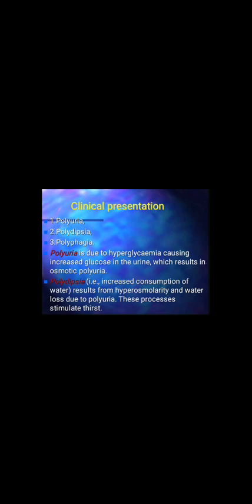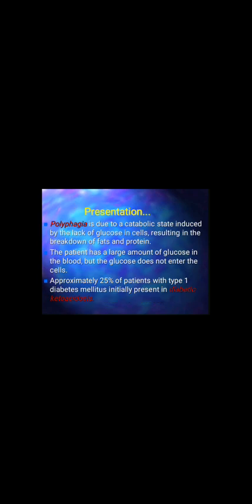Insulin is insufficient, and although there is hyperglycemia, the glucose is not able to enter into our cells. So that's why we find polyphagia coming into play. Patients will be consuming more quantities of food.